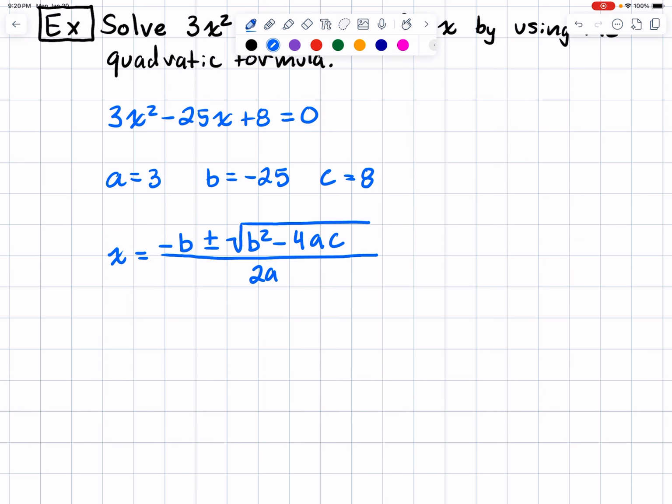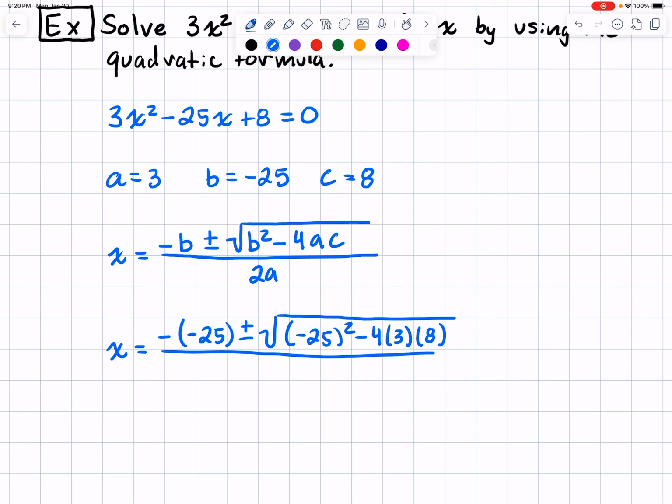So now I will get x equals negative, and b was negative 25, so negative 25 plus or minus the square root of negative 25 squared minus 4 times a is 3 times c is 8 all over 2 times 3.